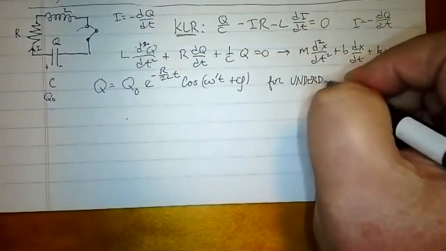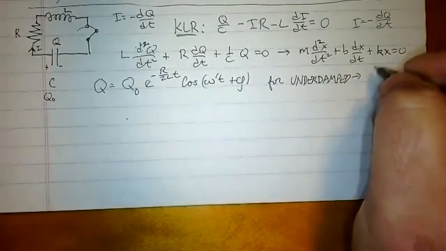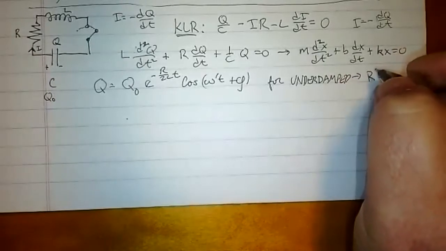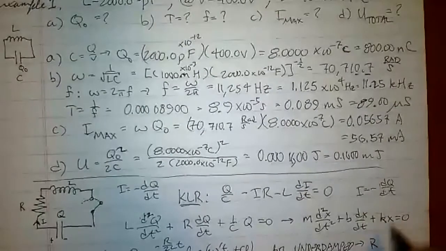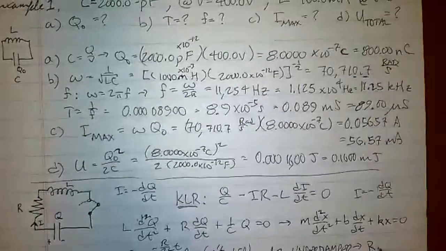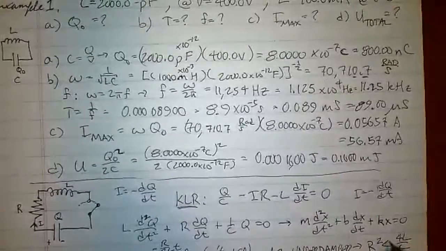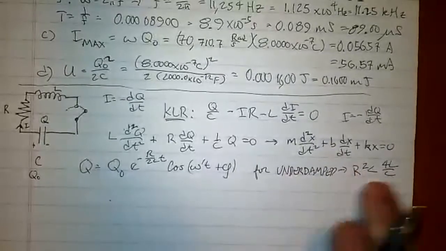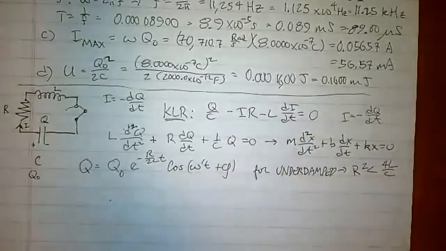So underdamped means it's actually going to oscillate. And in order for that to be underdamped, I think R squared is supposed to be greater than, let me double check this. I think I might have written it backwards in my notes. Yes, I did write it backwards in my notes. R squared should be less than 4L over C. I'd actually written this backwards in my notes.